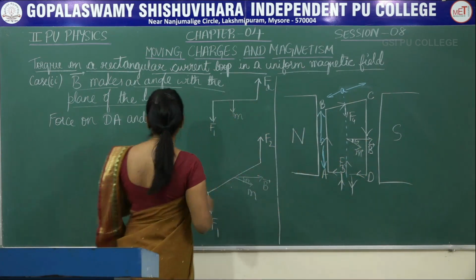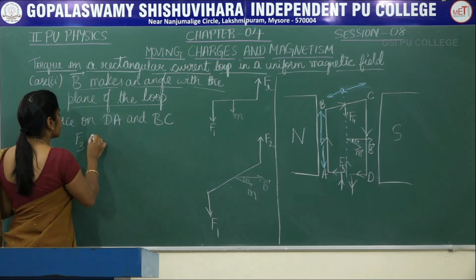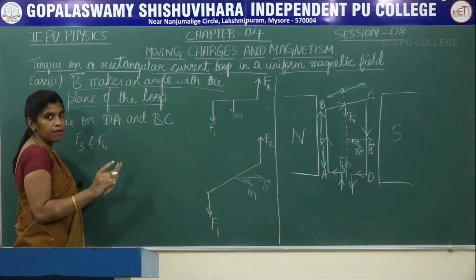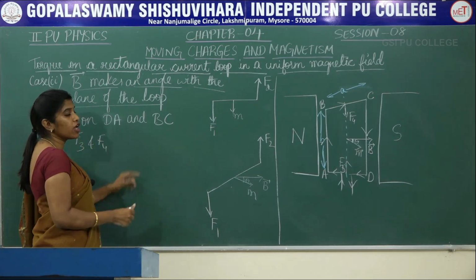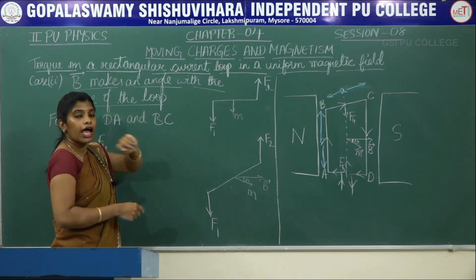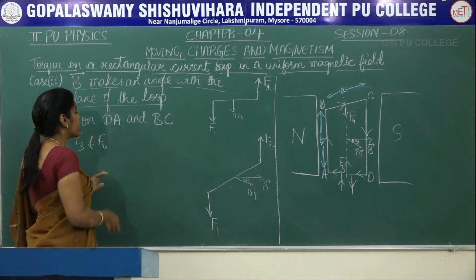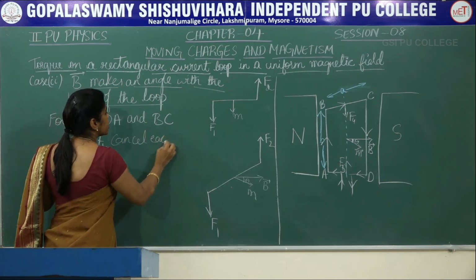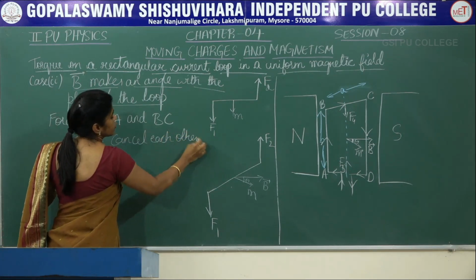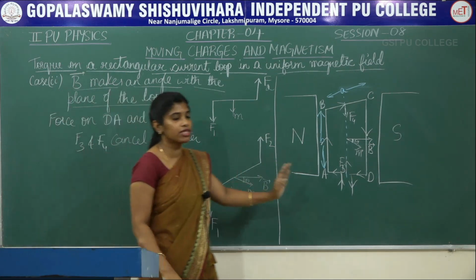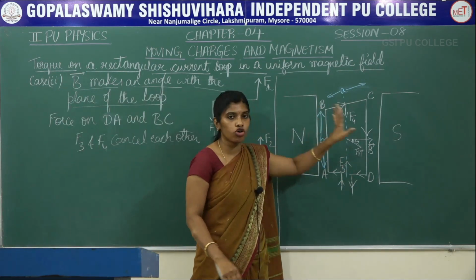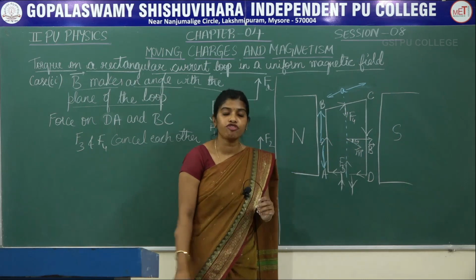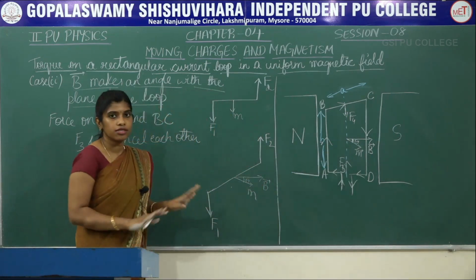They both are acting opposite to each other and the line of action is same. Therefore, F3 and F4 cancel each other. That is, the net force of F3 and F4 is 0.